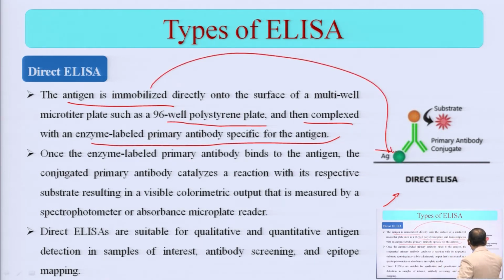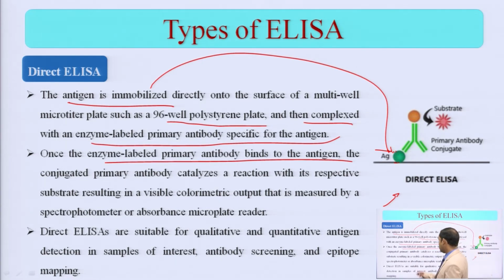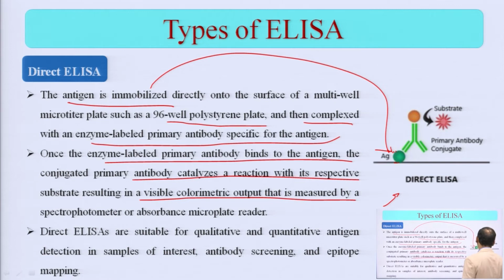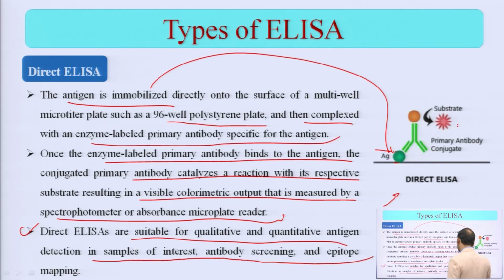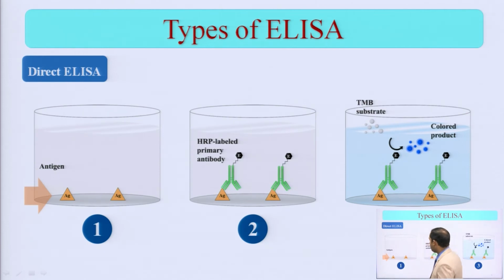Once the enzyme-labeled primary antibody binds to the antigen, the conjugated primary antibody catalyzes a reaction with its respective substrate, resulting in a visible colorimetric output, measured by a spectrophotometer or absorbance in a microplate reader. Direct ELISA is suitable for qualitative and quantitative antigen detection in the sample of interest, also for antibody screening and epitope mapping.